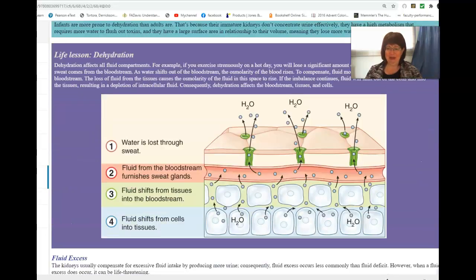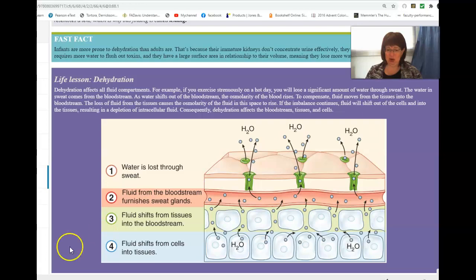This is just a basic diagram to show how water will shift. If you're sweating off water and a little bit of salt, then because of osmosis, that will pull water from the bloodstream to the sweat gland, and then pull between the tissues, the interstitial fluid, and eventually pull the fluid out of the cells.